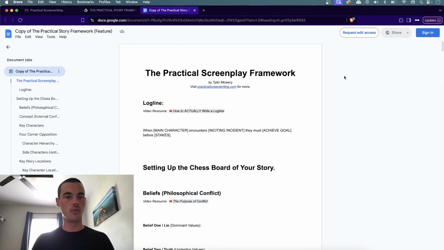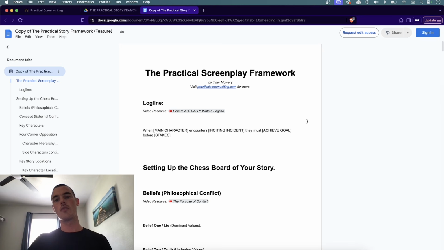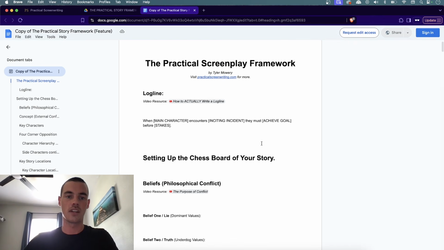So let me walk you through these frameworks, how they work, and also show you the variations between the 4 different frameworks that you can see here. First and foremost, my favorite one, the Practical Screenplay Framework. So, first and foremost, you have a logline section, and I've also included video resources throughout this document.